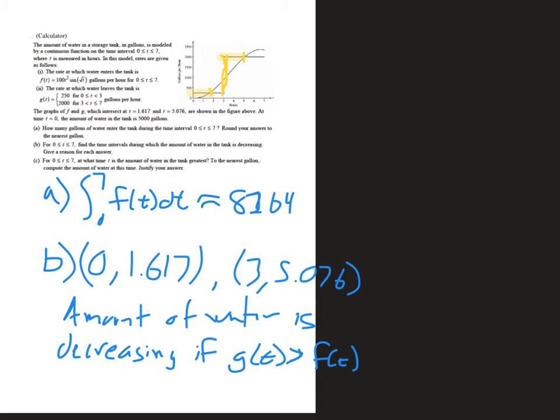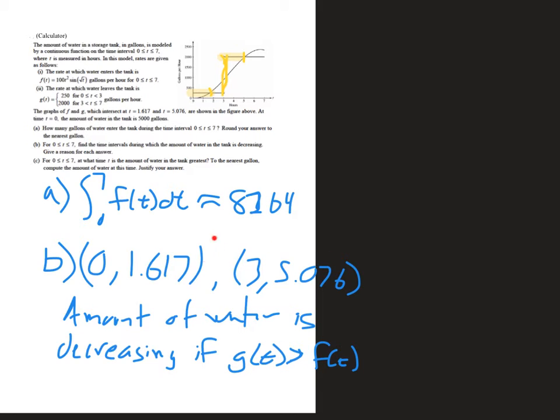The maximum can only happen if the derivative is changing from positive to negative, if the function is changing from increasing to decreasing. And we just said that from 0 to 1.617, the function is decreasing, and then from 3 to 5.076, we're again decreasing.